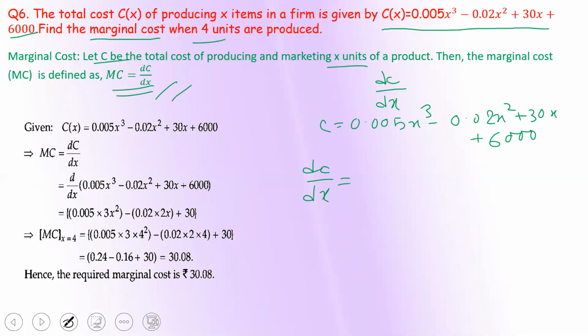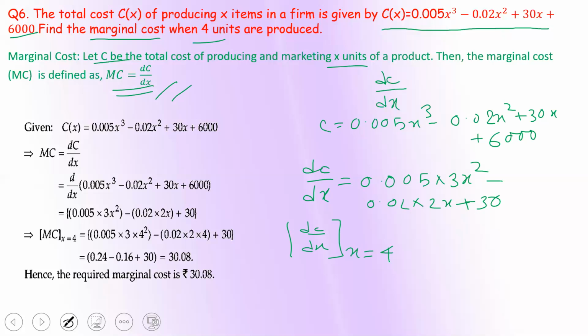So that means it will be 0.005 into 3x square minus 0.02 into 2x plus 30. Now put the value here that dC dx for x is equal to 4. So here is the solution. Check the solution and your answer.